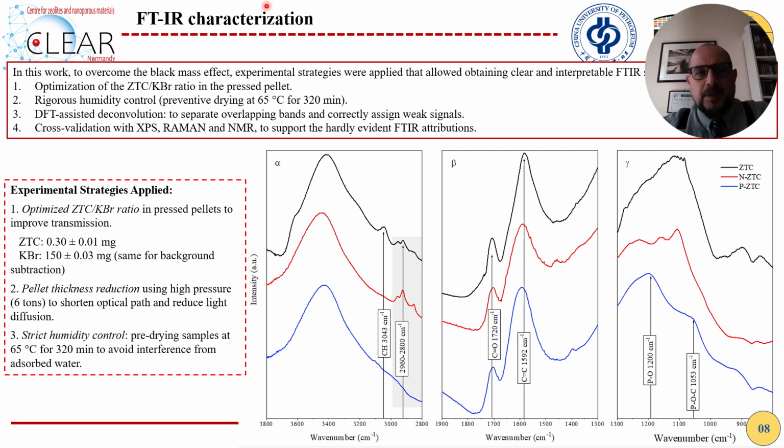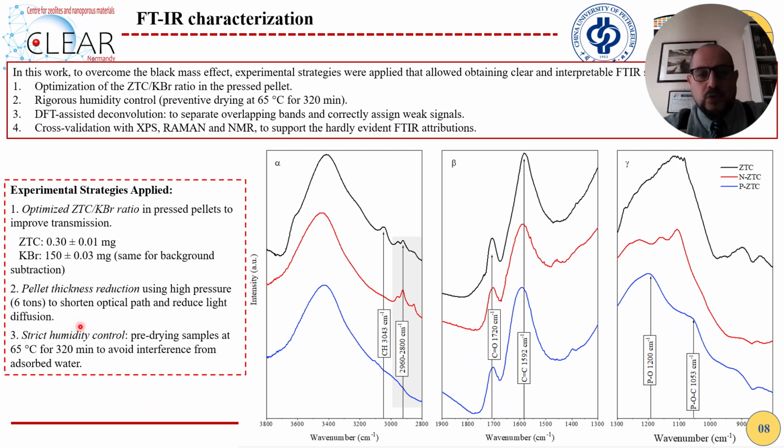To obtain interpretable FTIR spectra, we optimized the experimental strategy for a better resolution. We can summarize this strategy basically in three bullet points. The first one is the optimization of the KBr and ZTC ratio in pressed pellets to improve the transmission of the sample.